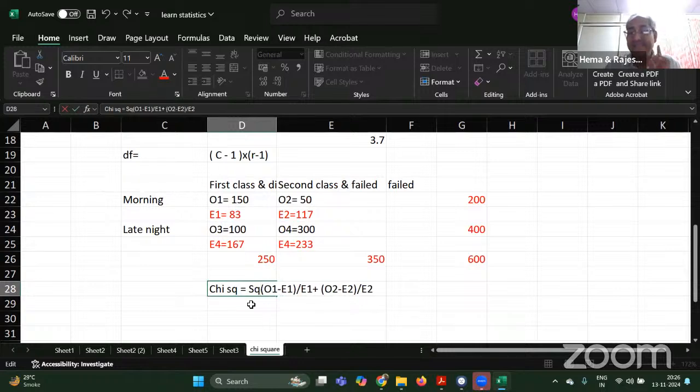Just like in statistics, the formula for standard deviation was the square root of the sum of squares.